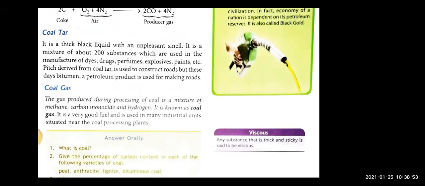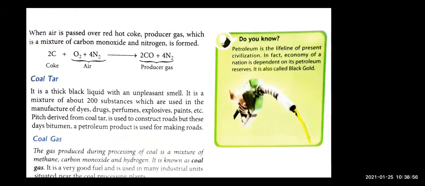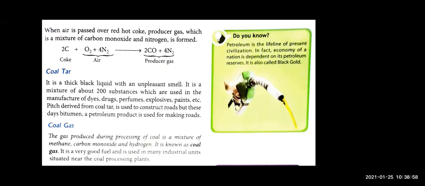Now let's see the next process for the red hot coke. Now children, for the red hot coke, we are going to pass air over it. When we pass air over the red hot coke, it produces a mixture of carbon monoxide and nitrogen. This mixture of carbon monoxide and nitrogen is known as producer gas.